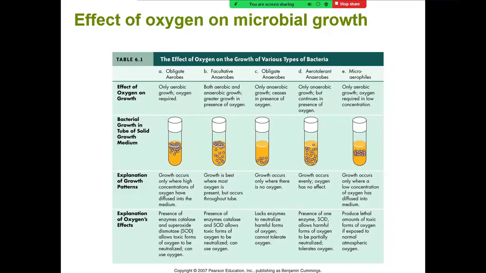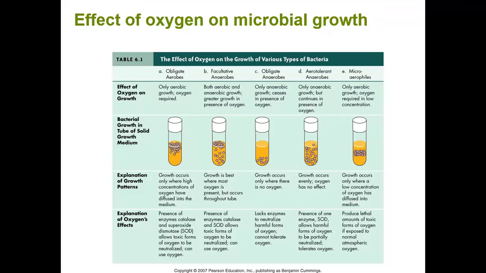All right, then we have an aerotolerant anaerobe. This is an anaerobe, so it does grow in the bottom of the tube where there is no oxygen. But this aerotolerant anaerobe can tolerate oxygen because it has all the chemicals and all the enzymes it needs to remove the toxic forms of oxygen.